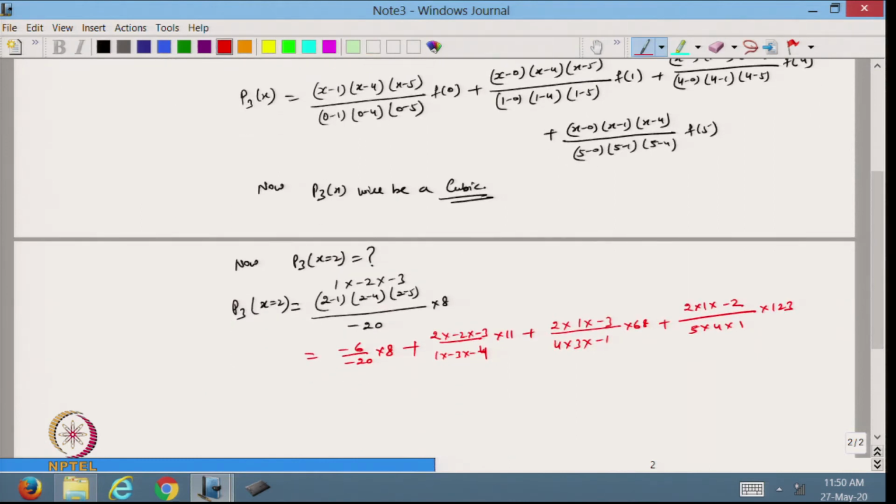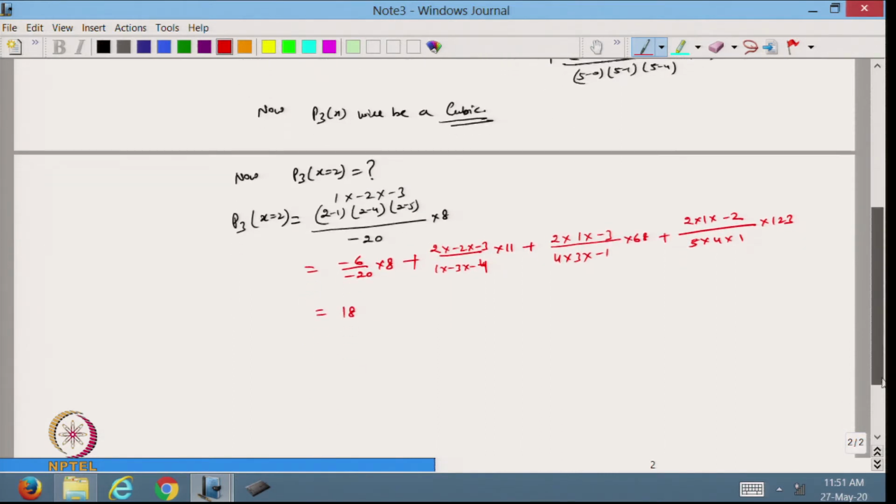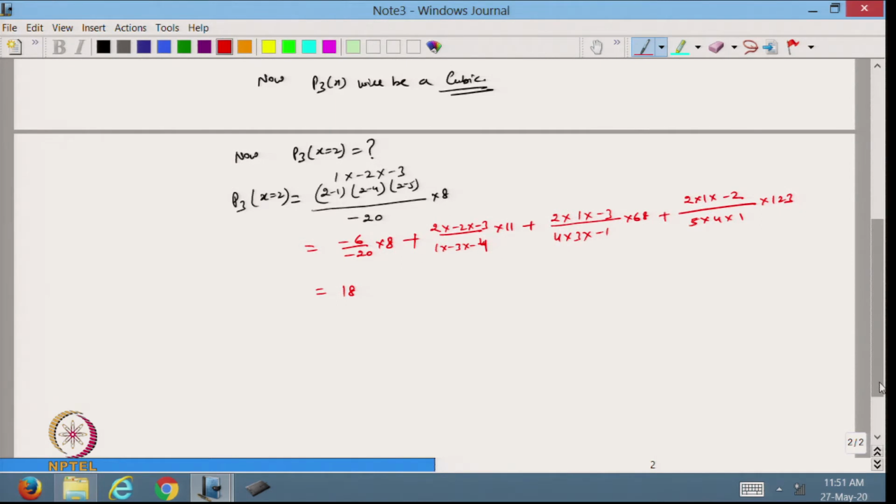If I do all this calculation, the value comes to 18. So, the interpolating value of P3 at x equal to 2 is 18.